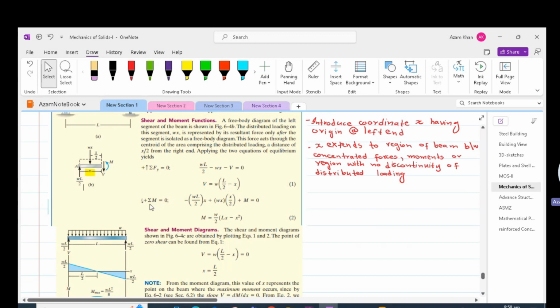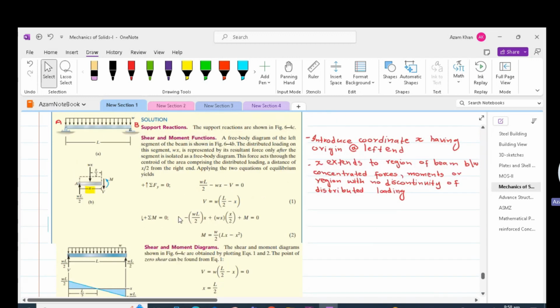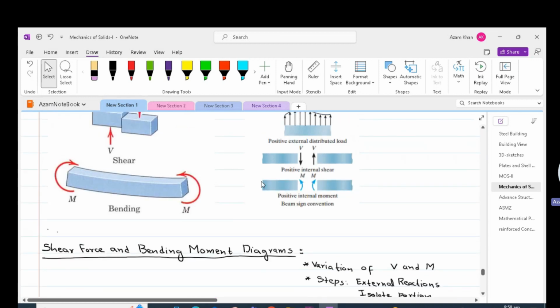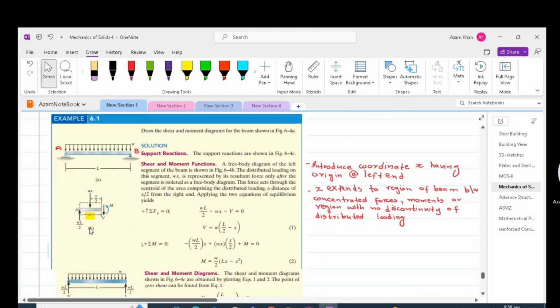Now applying summation of moment equal to 0, considering that counterclockwise moment is positive. In this regard, the moment caused by the reaction WL by 2 is negative because that's clockwise. So WL by 2 times x. Then the moment caused by the uniformly distributed load W times x is counterclockwise at the arbitrary transverse section.